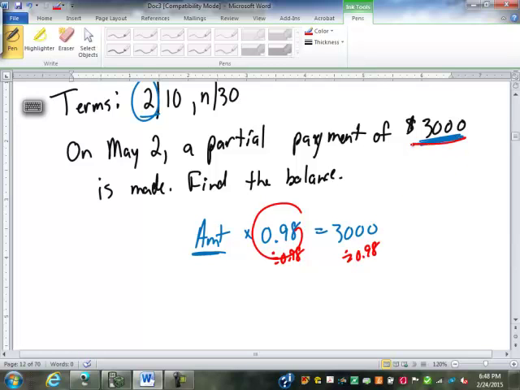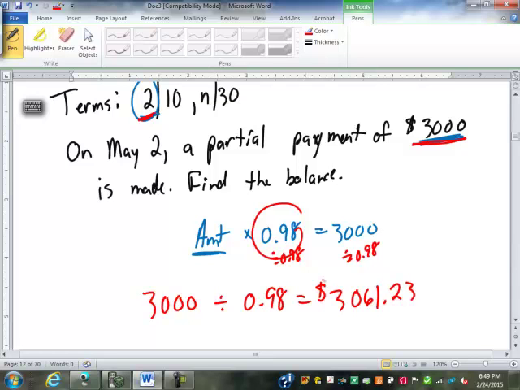So when we have a partial payment like that, in this case $3,000, it is divided by the percentage we get from the discount. A 2% discount means 98% paid, divided by 0.98, which is going to give us 3,061.23. That is the amount of credit.